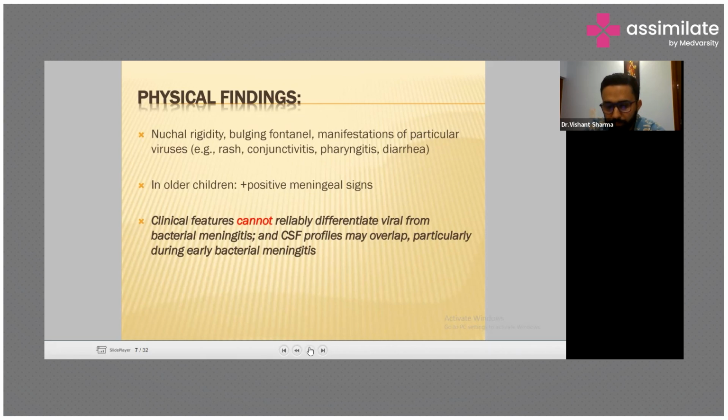So, can anyone tell me what can be a differential diagnosis for this meningitis kind of infection? As I told, a patient comes with fever, vomiting, refusal of feeds, seizure history. Can anyone tell me what the different differential diagnoses are for a meningitis kind of infection?